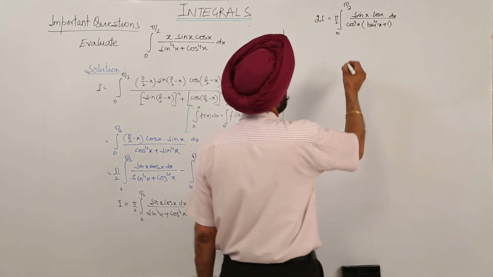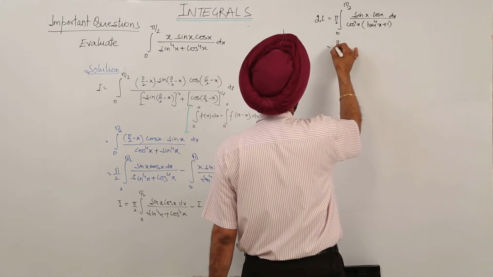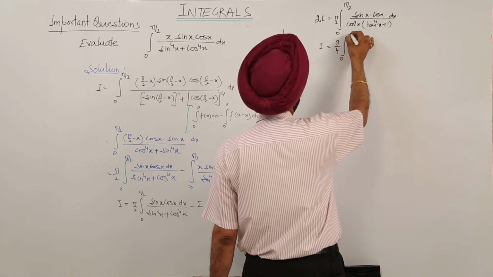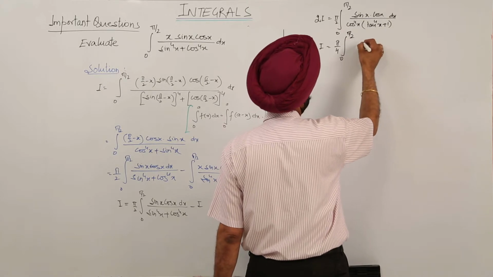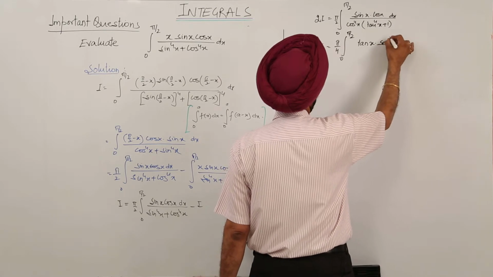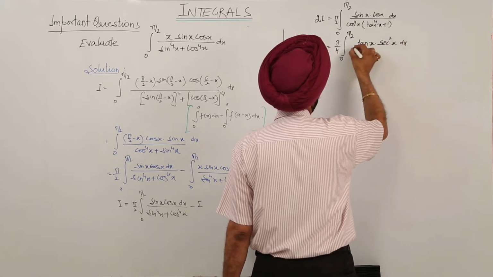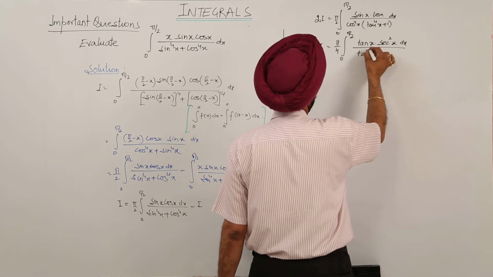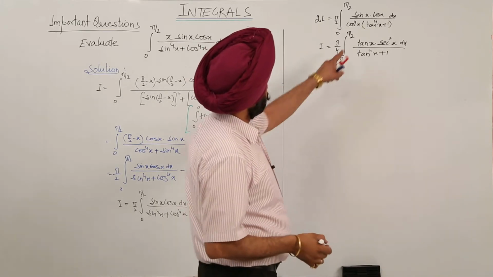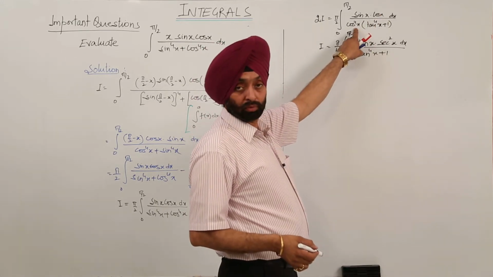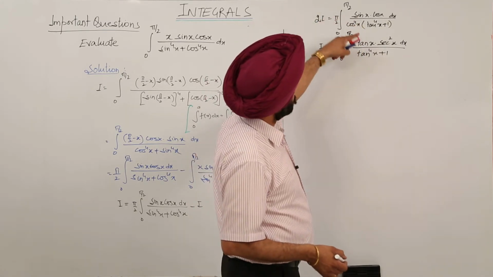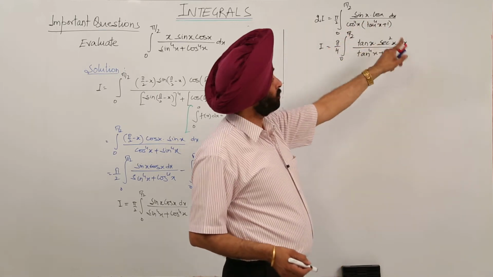Now this becomes pi by 4, integral 0 to pi by 2 tan x secant square x dx upon tan raised to power 4x plus 1. Now what we have done, we have cancelled one cos x with one of the cos x, we are left with cos cube x. Now sin x upon cos x becomes tan x and 1 upon cos square x becomes secant square x.